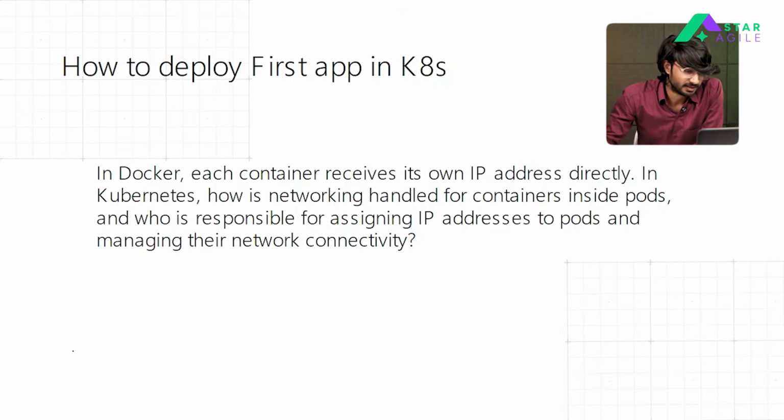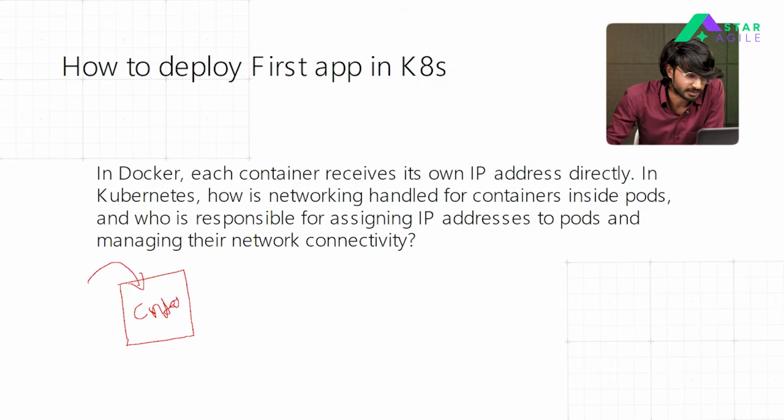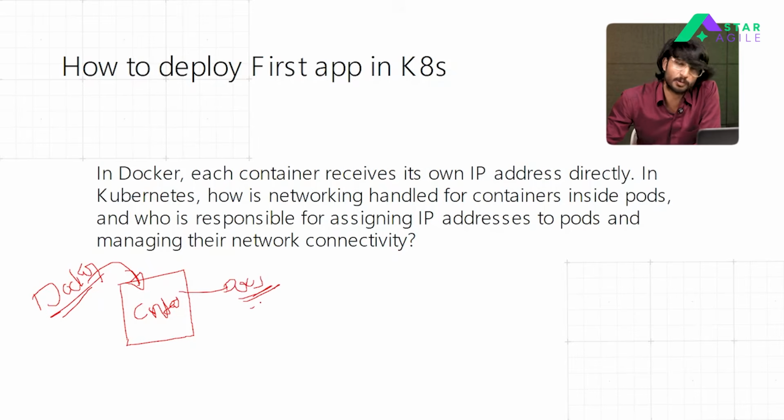See, in the case of Docker, we saw that if there is a container, imagine this is a container, created by using Docker. We know that Docker networking is responsible for assigning IP addresses to this container.